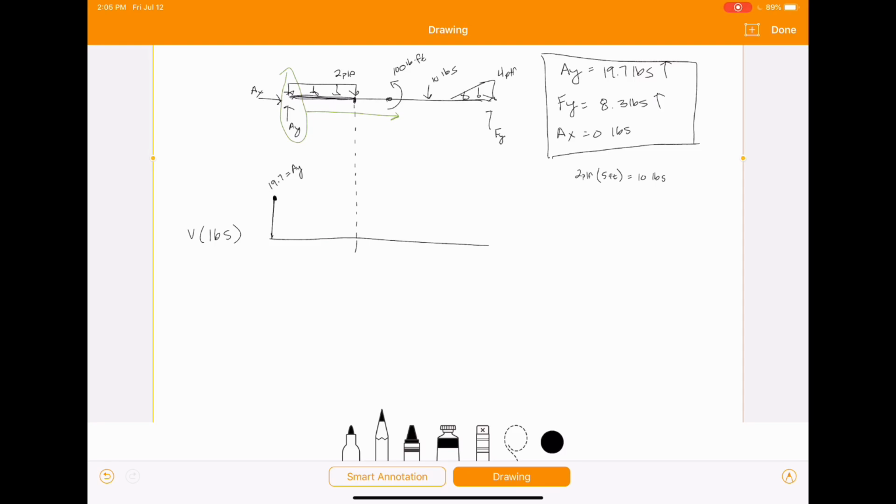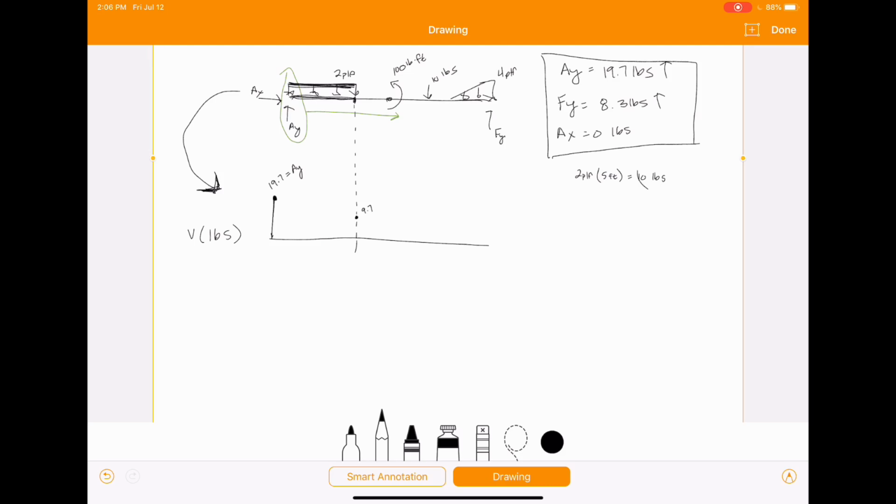And when I subtract 10 pounds from where we're at, we get 9.7. So we know that that point there is going to be 9.7. Now, when we move from our beam loading to our shear diagram, we're going to increase our X value by 1 power. So in this case, we have a constant load right here.